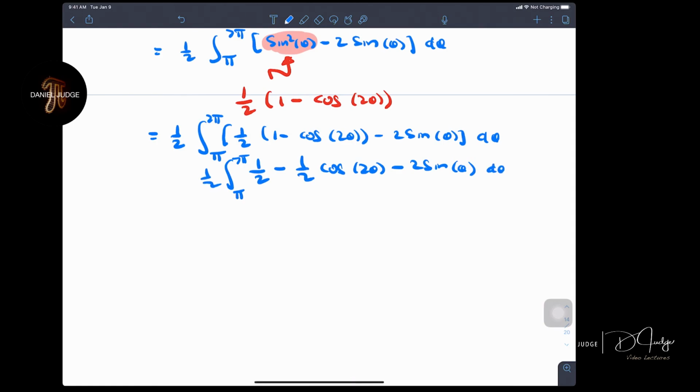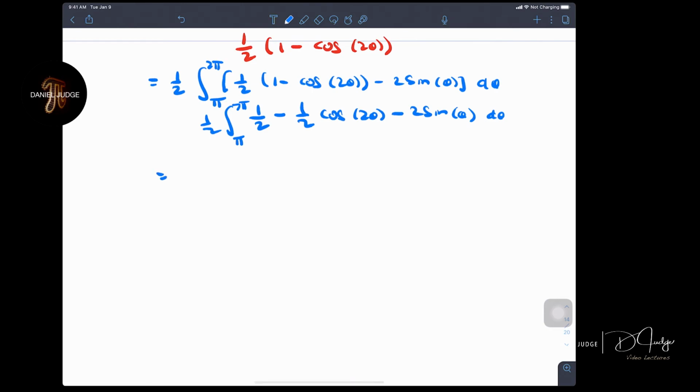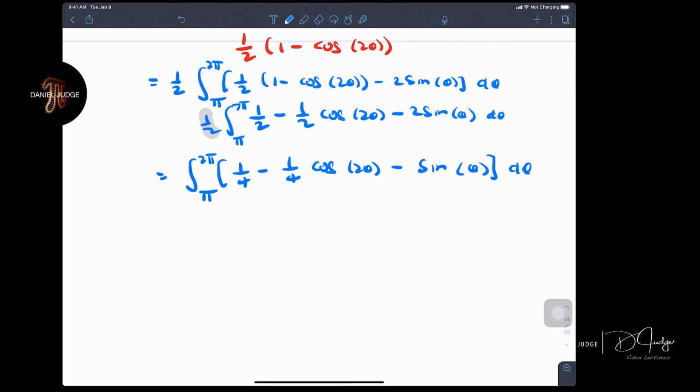I'm going to put that factor inside the 1/2 and distribute it. I end up with 1/4 minus 1/4 cosine 2 theta, and then 1/2 times 2 is just sine theta. And there you go. So it looks like we're going to have to integrate this.